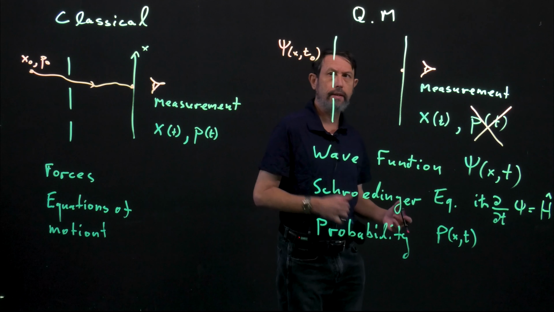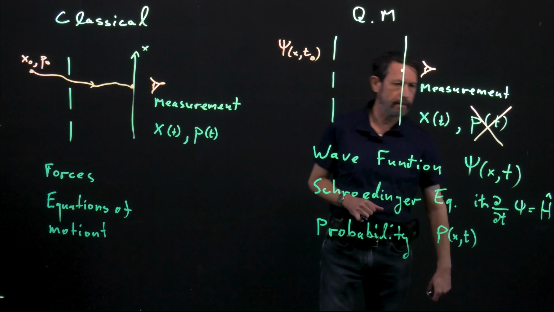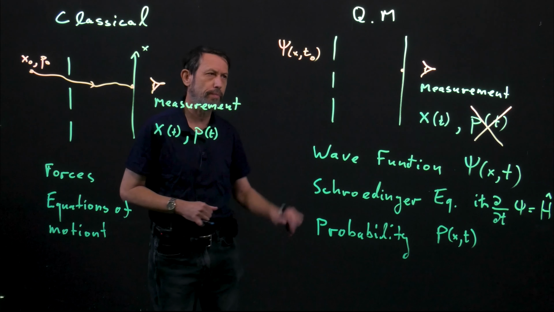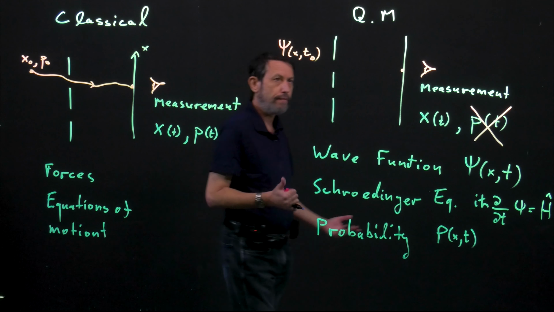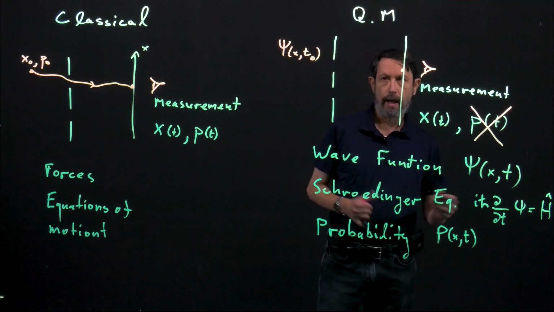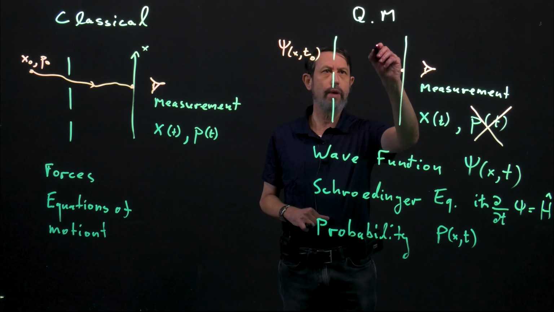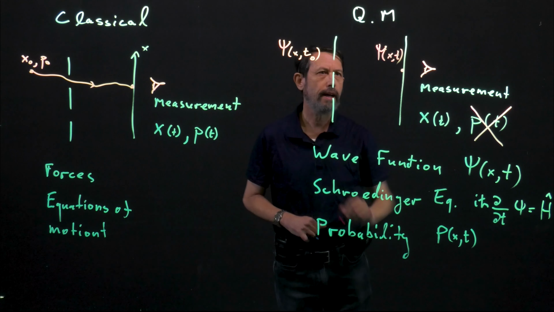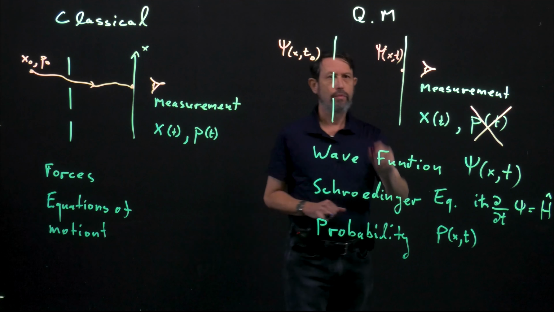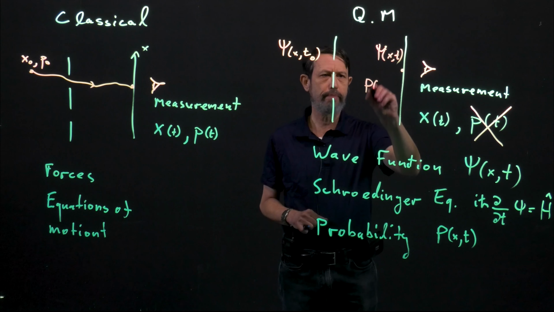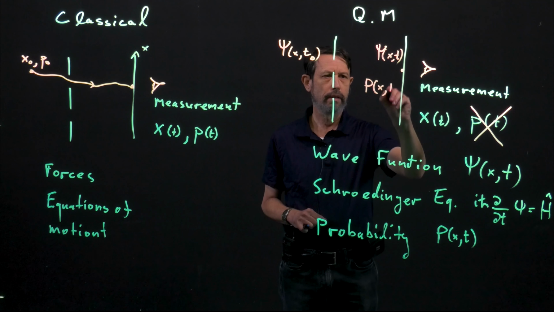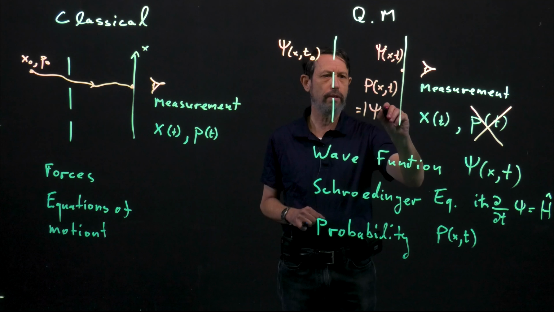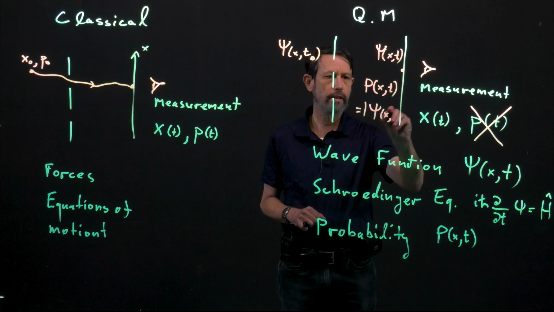The propagation in time is described by how the wave function develops with time. And finally, at time t, we know the wave function, and we could extract the probability of finding the electron anywhere on the screen.